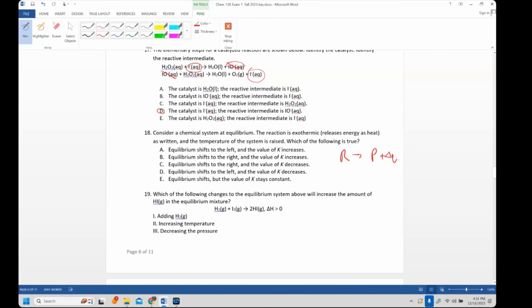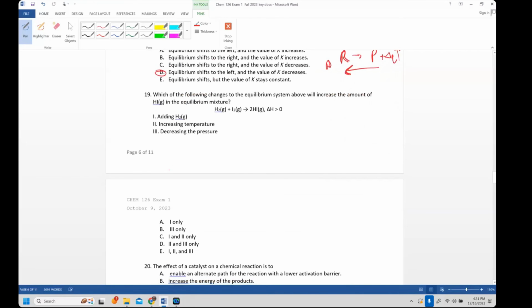Because we're increasing heat, if we raise the temperature of the reaction, it will move the reaction towards the reactant side, because we want to dissipate that heat and go to the place of less heat. So that means we have more reactants and less products. So the value of K will go from high to low. So the equilibrium shifts to the left and K will decrease. So that's D.